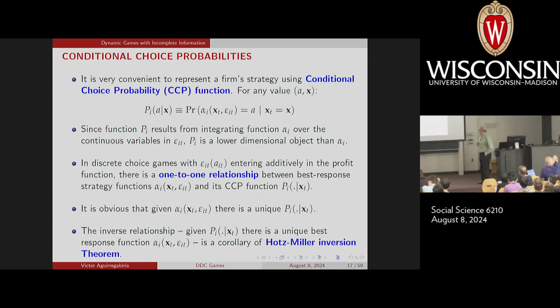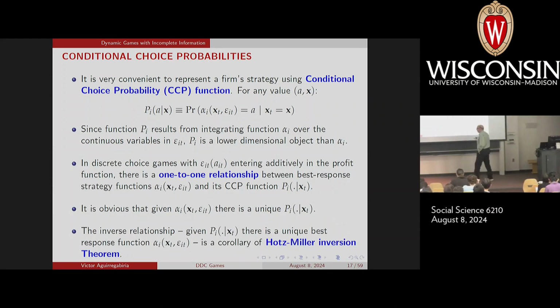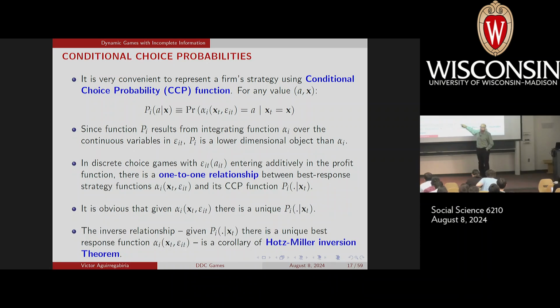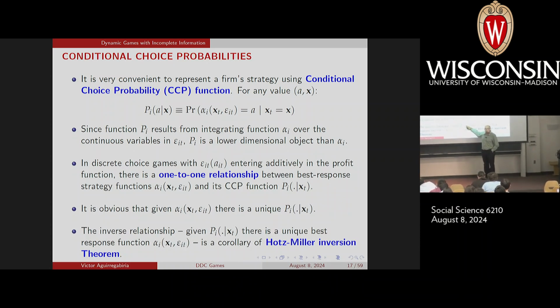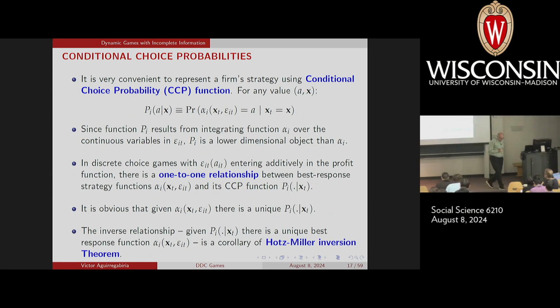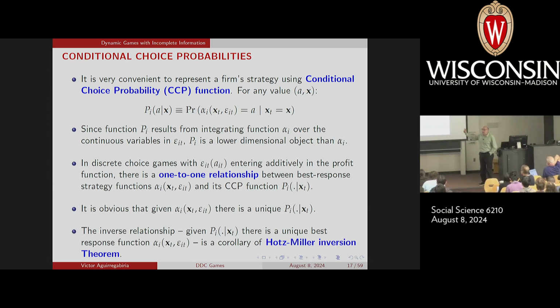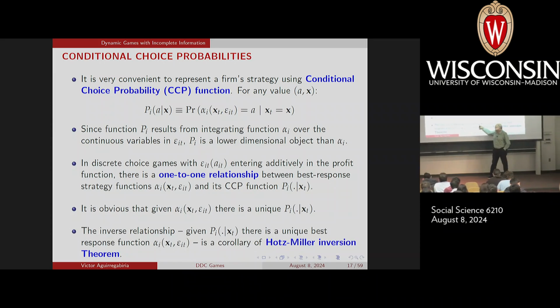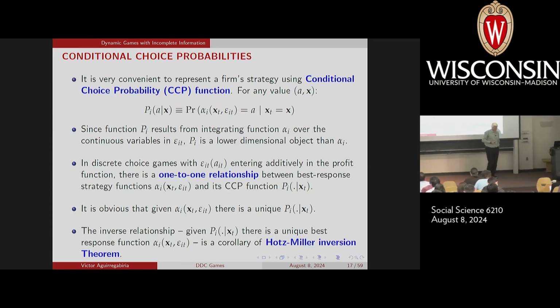Given strategy functions, of course, we can always integrate over the distribution of epsilon to obtain choice probabilities, but it's also true, as a corollary of the Hotz-Miller inversion theorem, that given choice probabilities and given that we know that epsilons are additive, we can always recover the unique strategy functions which are consistent with these choice probabilities.